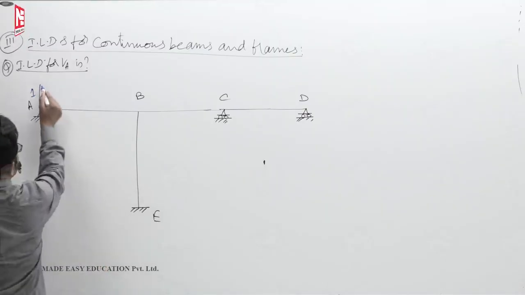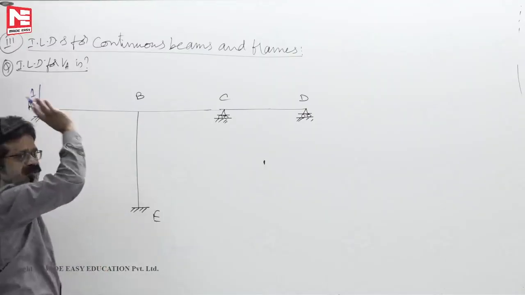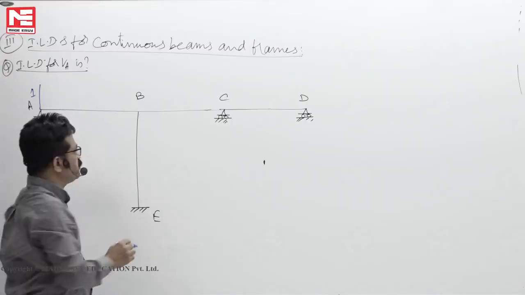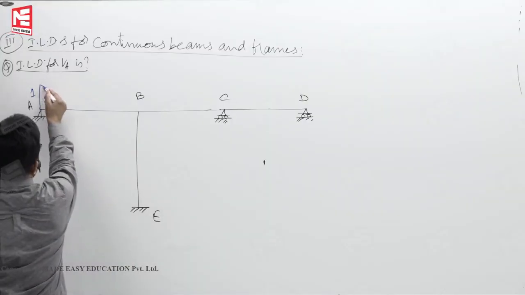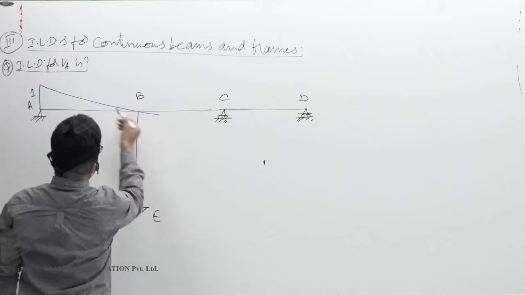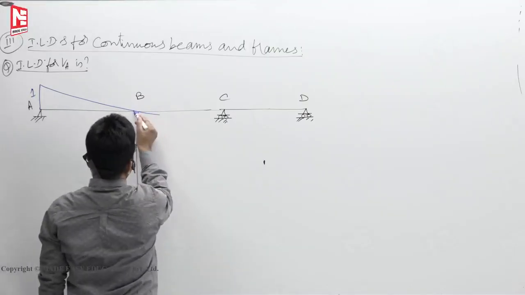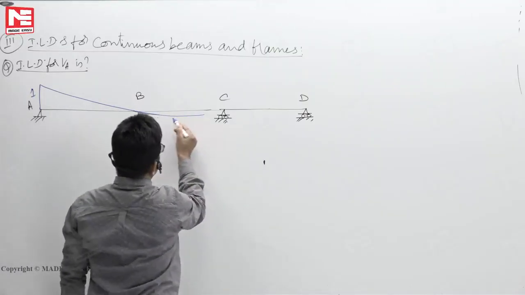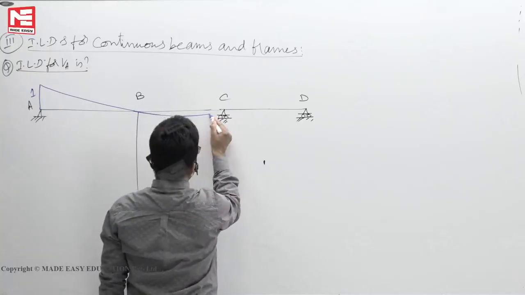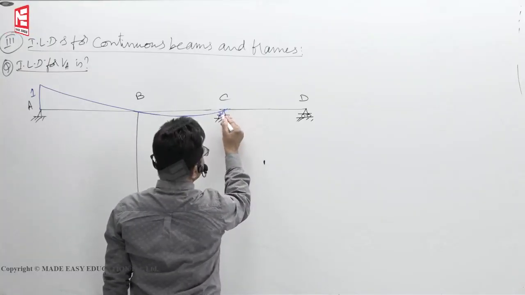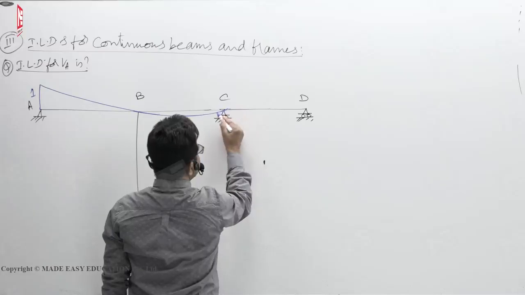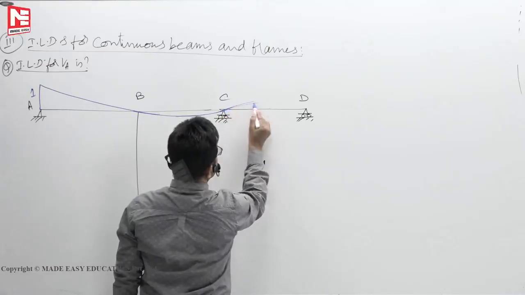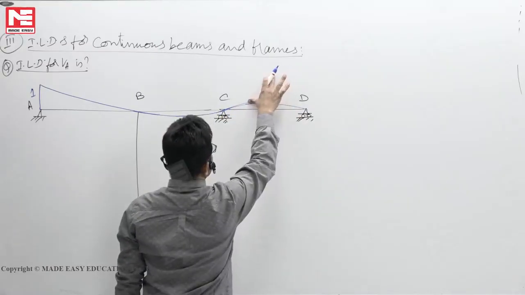At the beginning itself, there will exist a slope. How much is that slope is beyond the scope. It will become a half an hour problem. So it will sag like this, a smooth curve, it will go down. Once it is going down here because of support, it has to come here. So to maintain the same slope, it will go up like this.